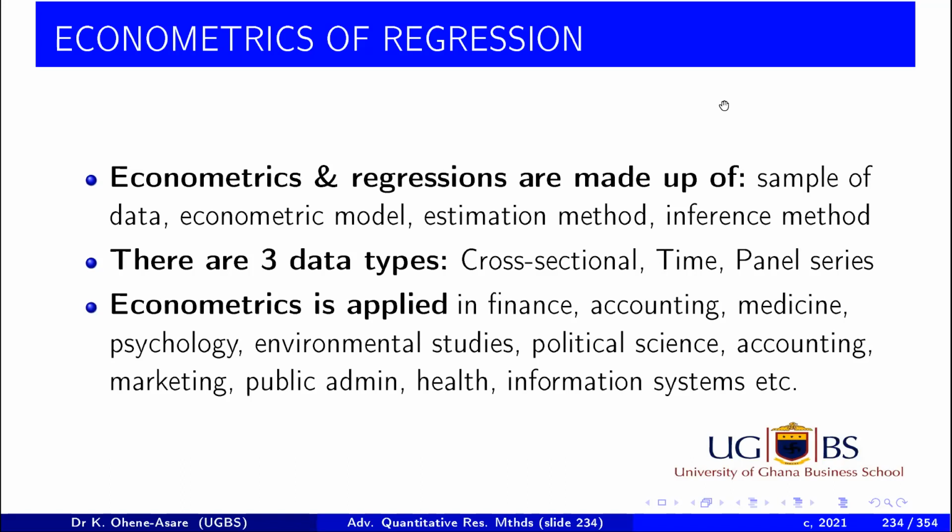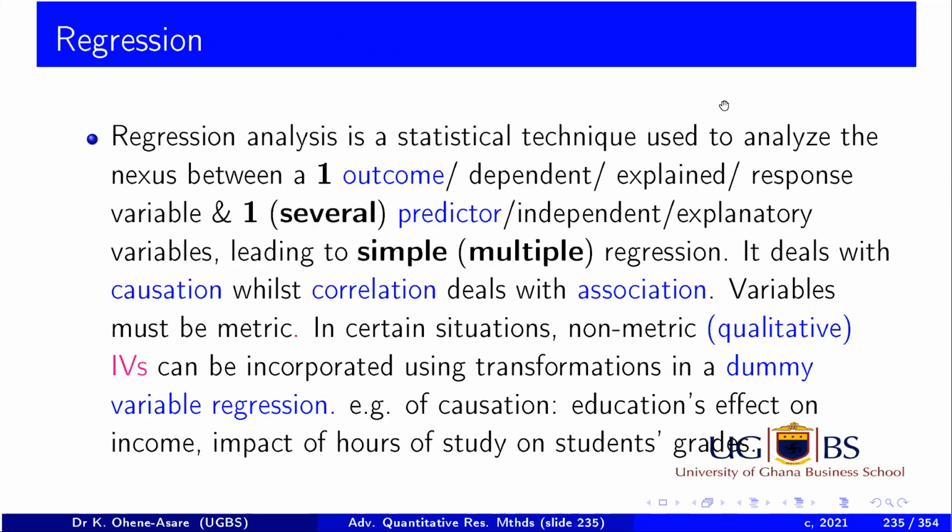It is for information systems analysts. It's for psychologists. It's for medical doctors. It's for marketers, political scientists, and several public administration and other areas. So please, I want you to have an open mind as you dig into this, because this can really help you. So we are going to look at regression, and this regression is the offshoot of correlation.